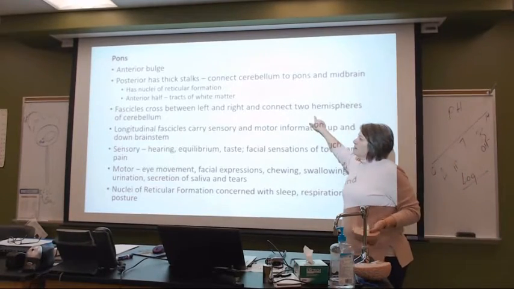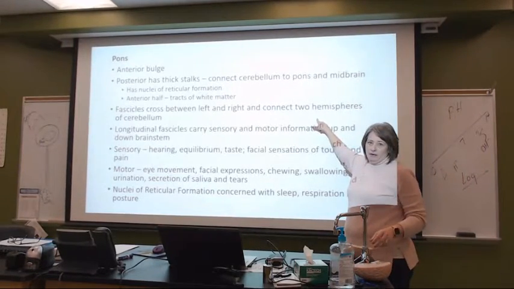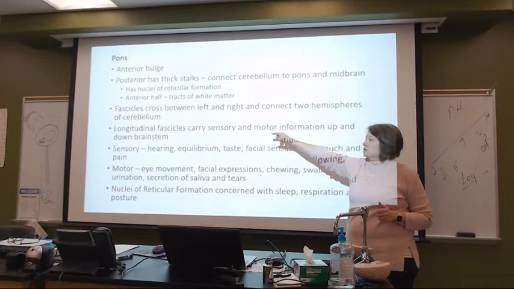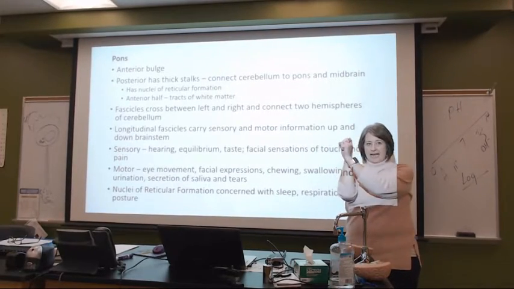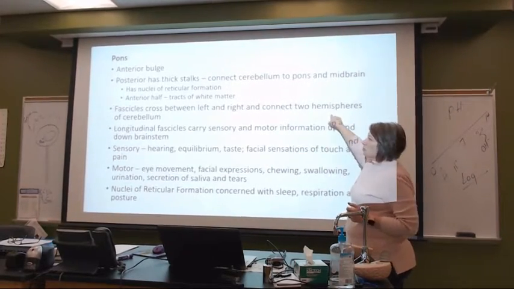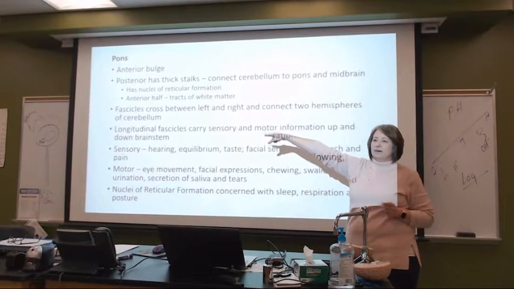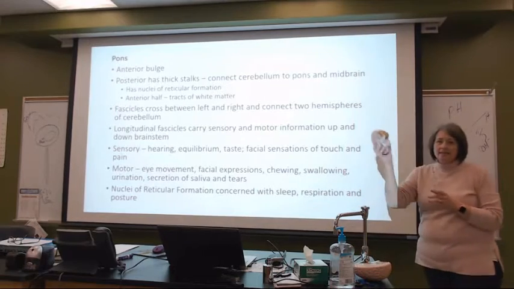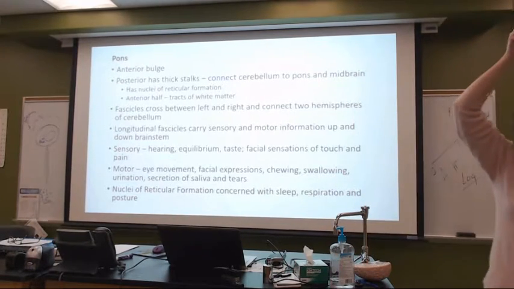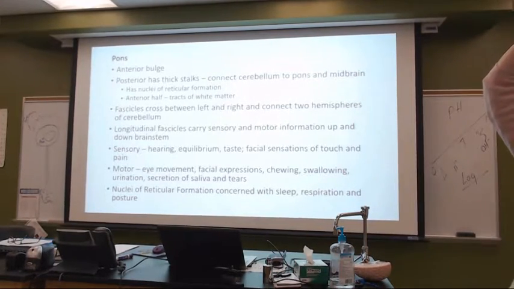Now, it has the ability for fascicles, the axons, to cross between the left and the right of the cerebellum. So it has the ability for information to cross as it's moving, to go from one side of the cerebellum to the other because of the connection that's present.